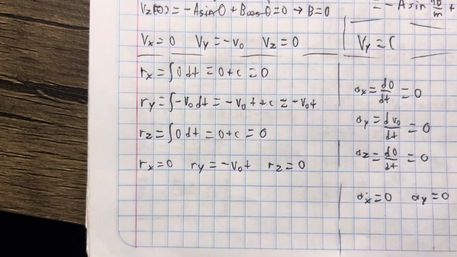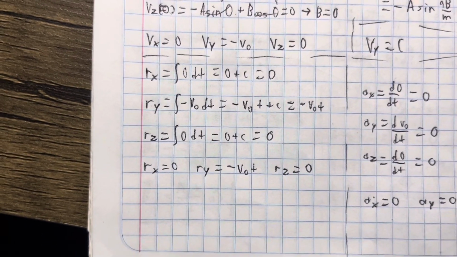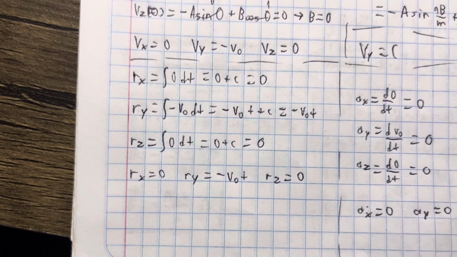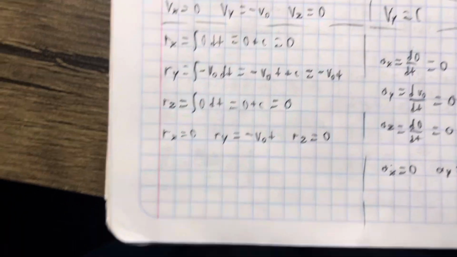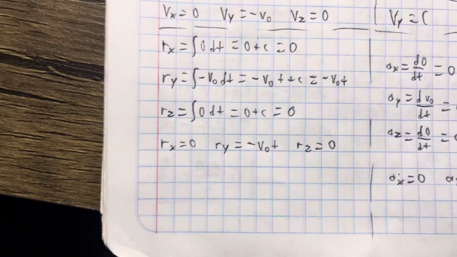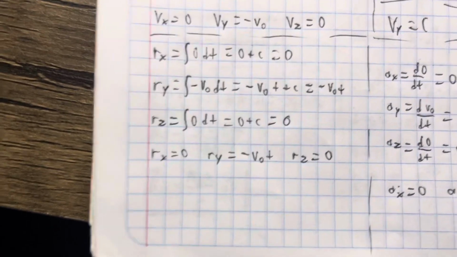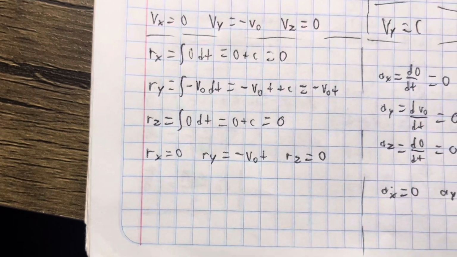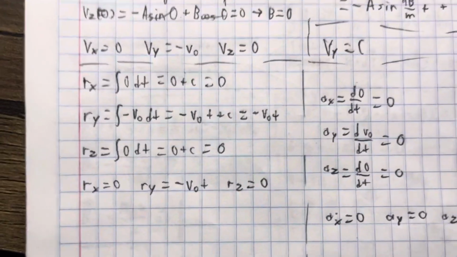And position in z is also the integration of 0, which is 0. We get these final expressions for the positions: position in x is 0, position in y is minus initial velocity times time, and position in z is 0 too.